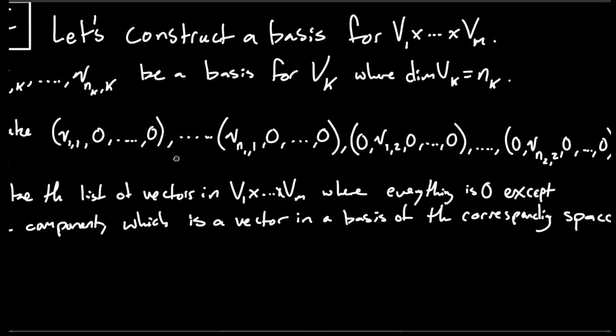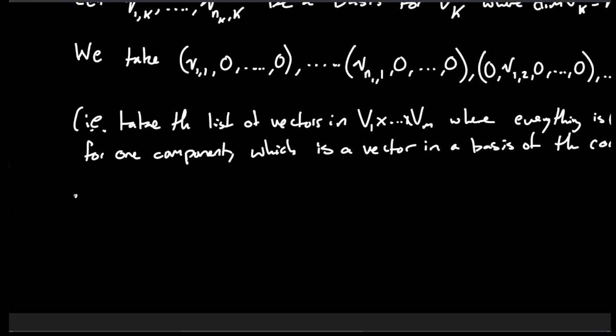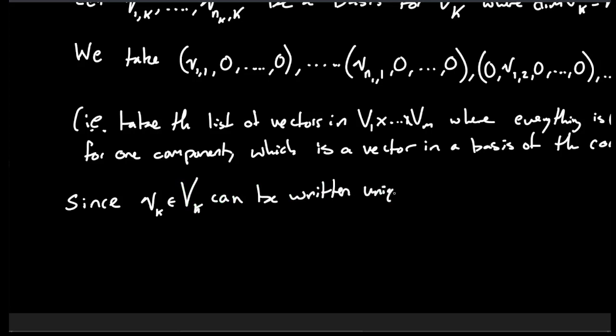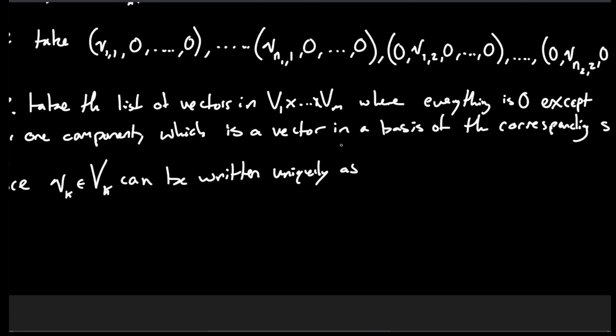Now, since I can write little vk in big vk, since this can be written uniquely as little vk equals a1 v1k plus dot dot dot all the way down to a nk v nk k.